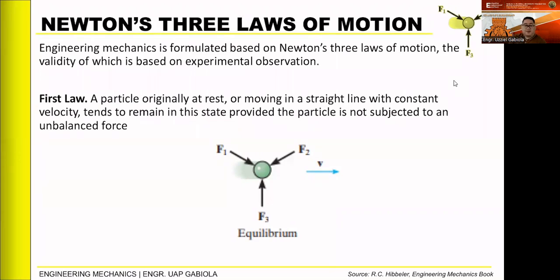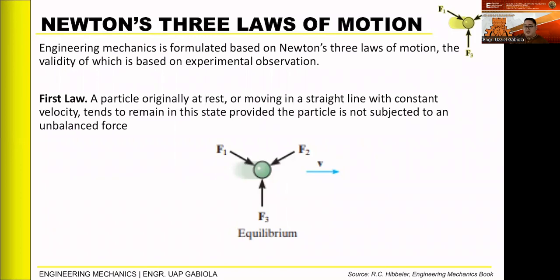The first law says, a particle originally at rest or moving in a straight line with constant velocity tends to remain in this state provided that the particle is not subjected to an unbalanced force. Okay? So as long as no force acts, or the net force is not greater than 0, the body will remain as is, no?